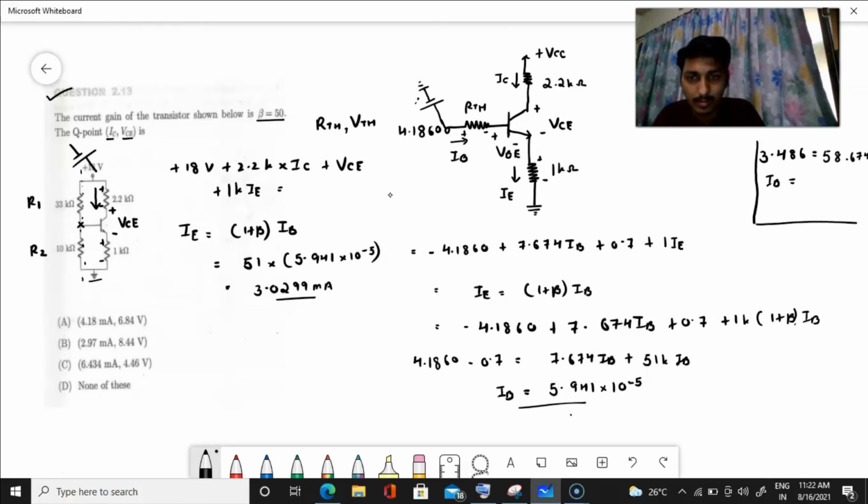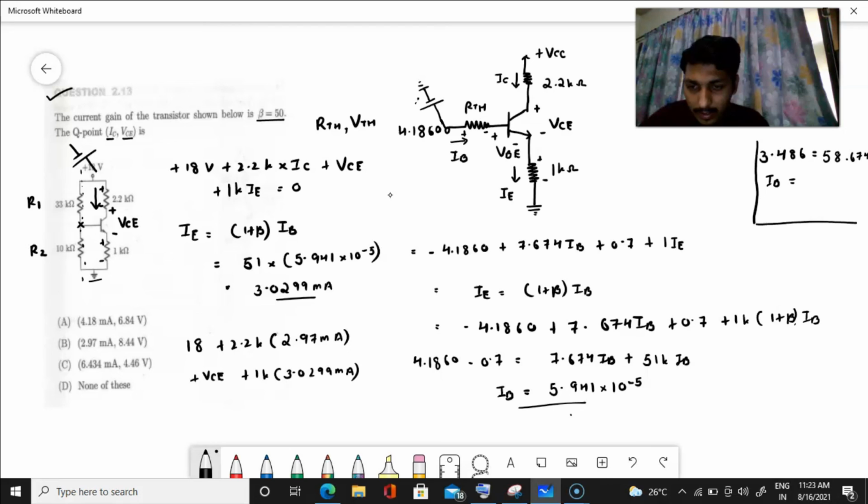Equals 0. So plus 18 plus 2.2 k times IC, which is 2.97 milliamp, plus VCE which we have to find, and 1k times 3.0299 milliamp.